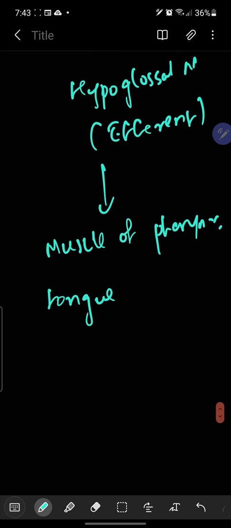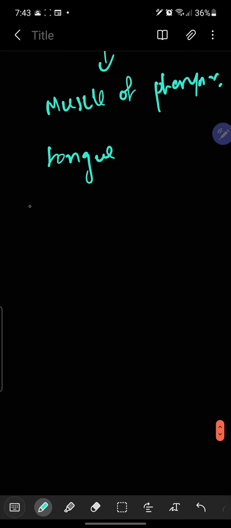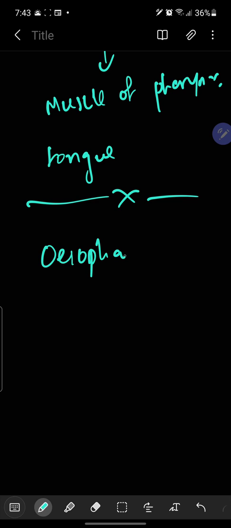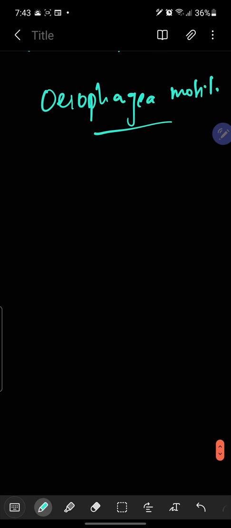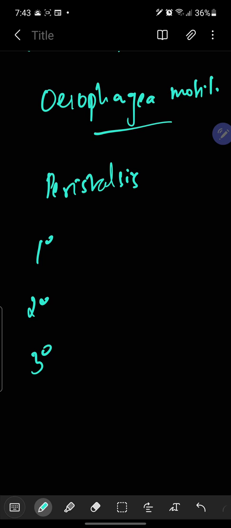Now coming on to esophageal motility. When food is present in the esophagus, it activates peristalsis. So there will be a peristaltic movement. There are 3 types: primary, secondary, tertiary.